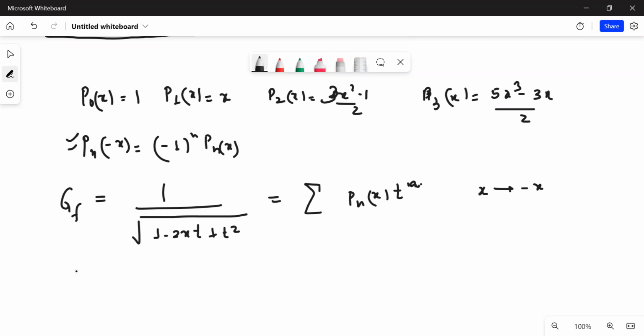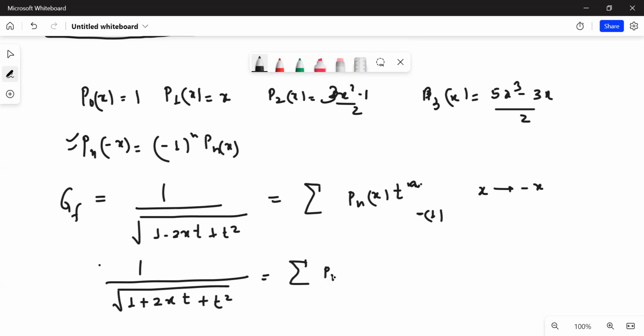You replace x by minus x, so your generating function would correspond to 1 over root over 1 plus 2xt plus t square, which is equal to summation P n minus x and then t raised to power n. This is your equation number 2. Is that clear?